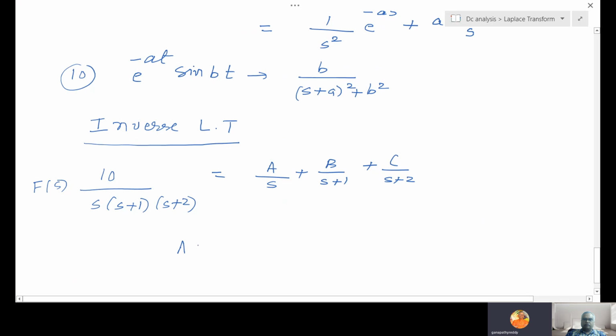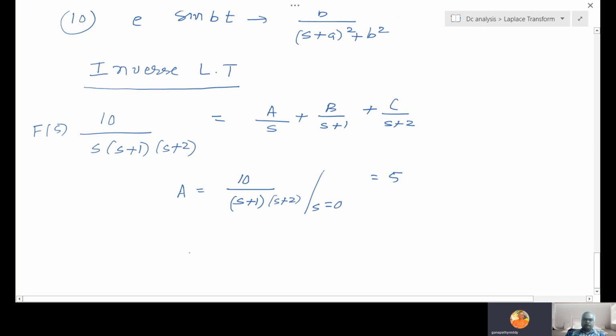How to find a? So take LCM, comparing the coefficients you can do. That's the old outdated method. Directly how to find a? So s, s cancel, 10 by (s plus 1) into (s plus 2) at s equal to 0. So you will get 5. Similarly, b: 10 by s into (s plus 2), simplify at s equal to minus 1.